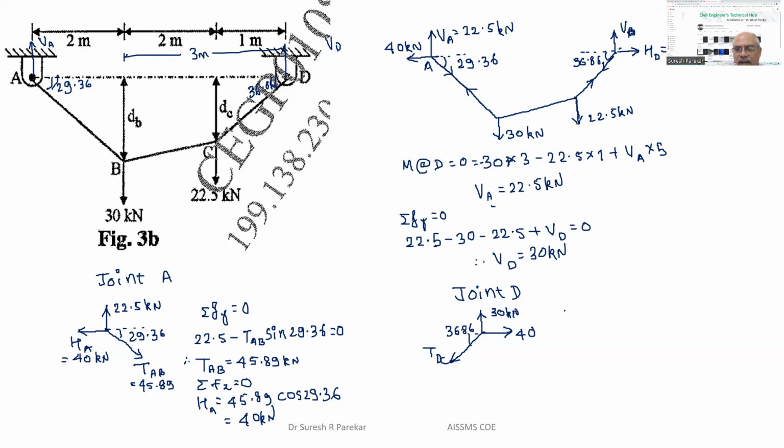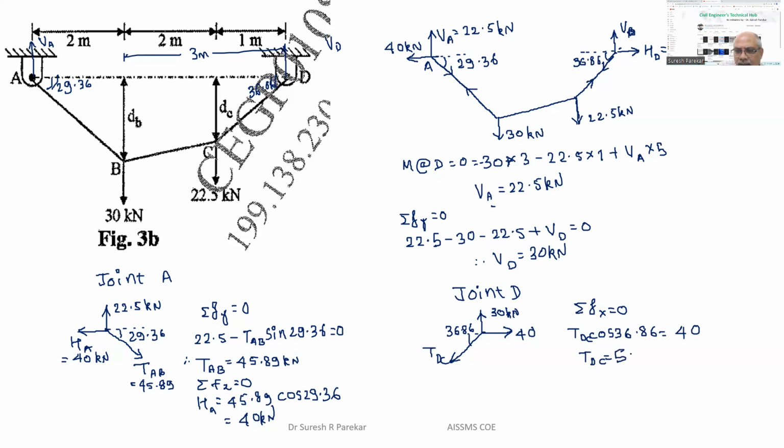You can write Fx or Fy, anything. If I write summation Fx equal to 0, then we have TDC cos 36.86 equal to 40, and TDC we get as 40 divided by cos 36.86, which will be 50 kilonewtons.